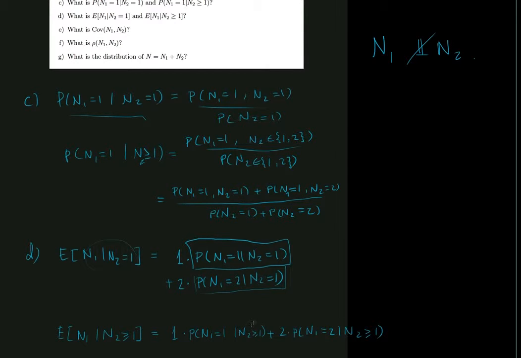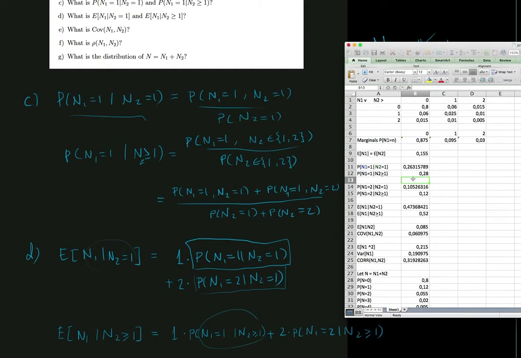And as in the previous case, we have the probability for the first term from the earlier part of the exercise. So we need to find the probability that we use in the second term. So we just use the same methods as in C, and if you need to check, this is the probability we have in the first conditional expectation, the probability that N1 is equal to 2 given N2 is equal to 1, and this one is for the second conditional expectation, the second term down here.